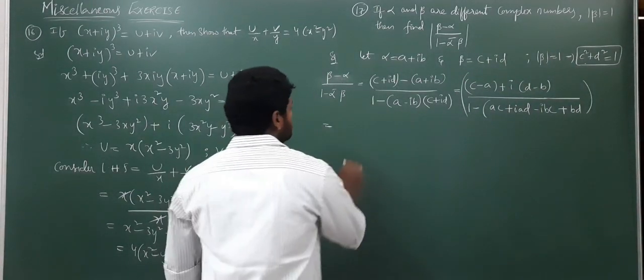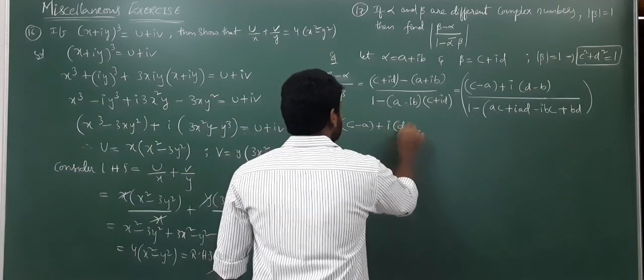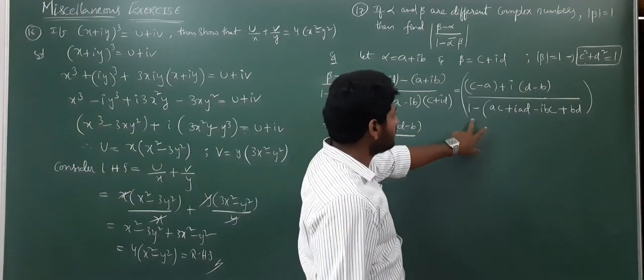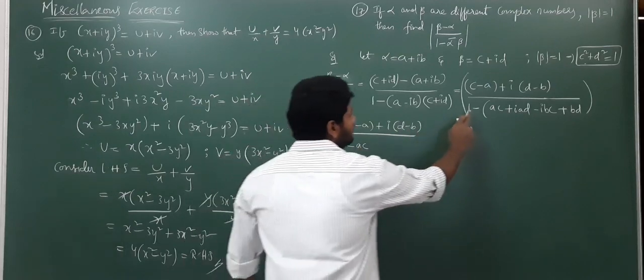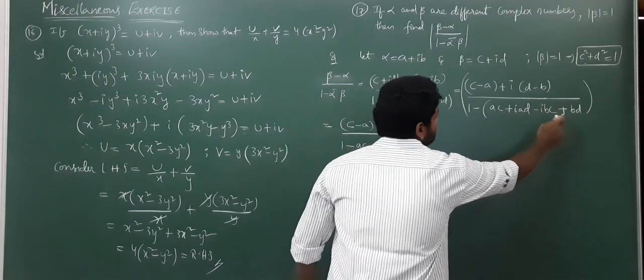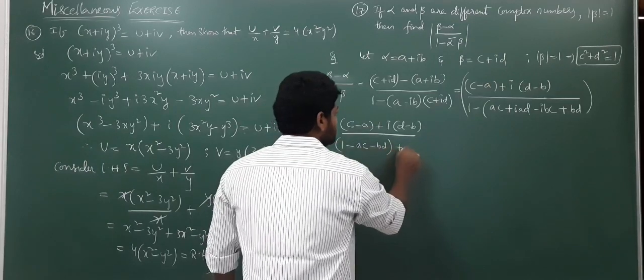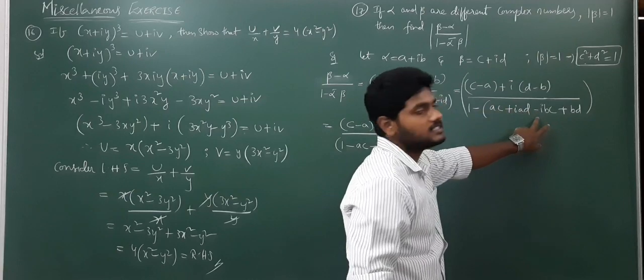Still we can simplify that, which is c minus a plus i into d minus b, divided by, this one again you simplify: 1 minus ac minus bd, plus, this is minus iad plus ibc.